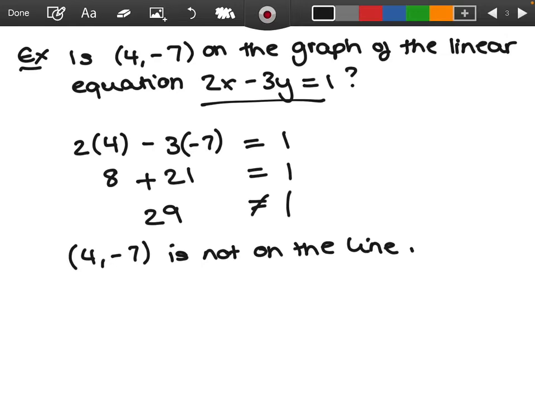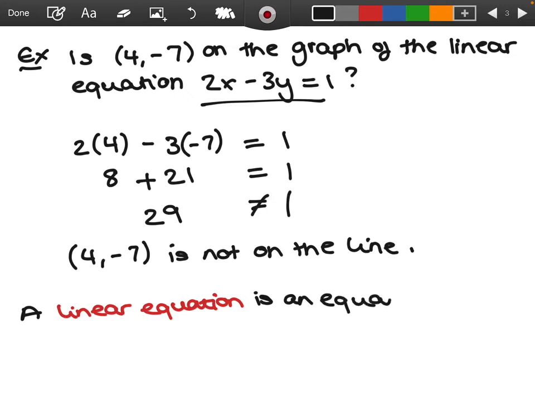So a linear equation is just an equation that when you graph it, it is a straight line. So a linear equation is an equation whose graph is a straight line.